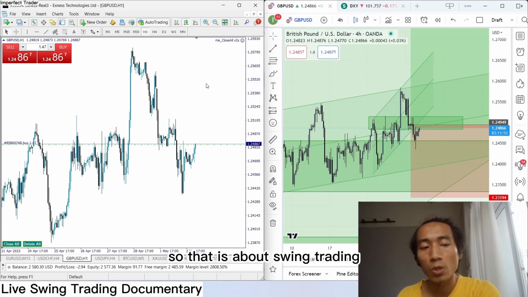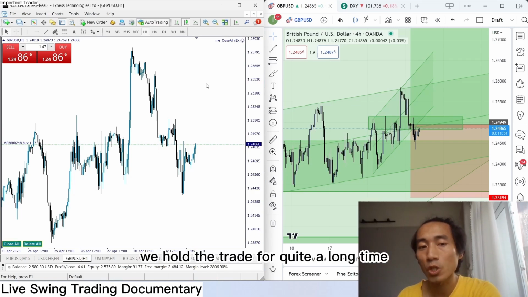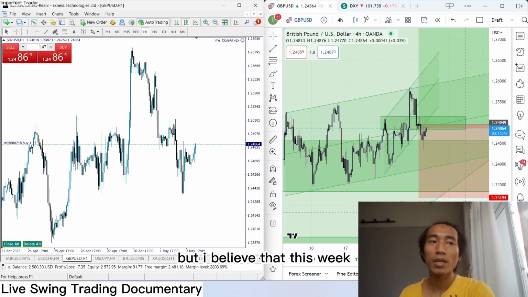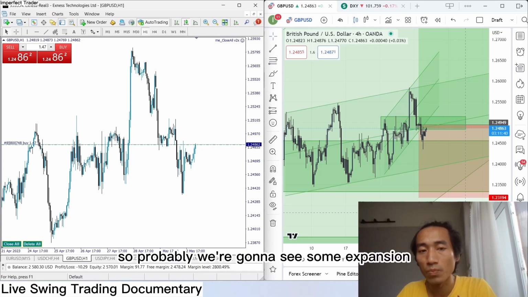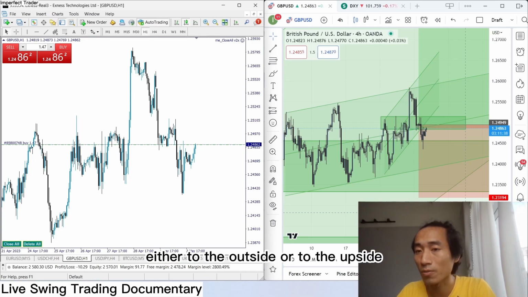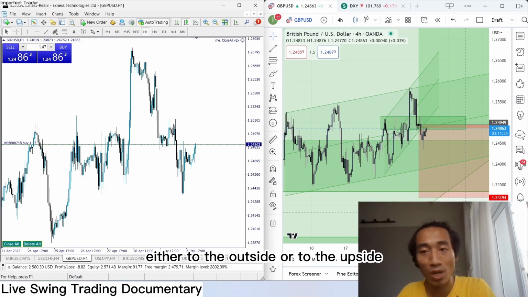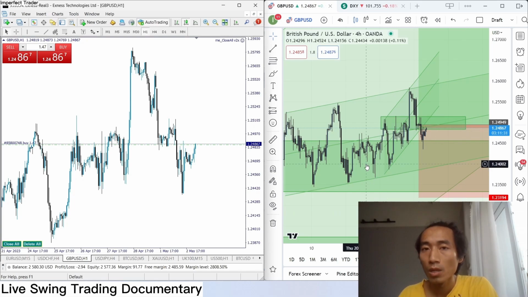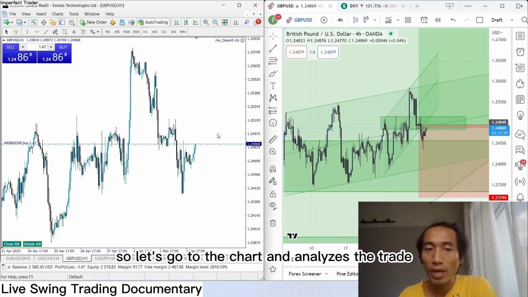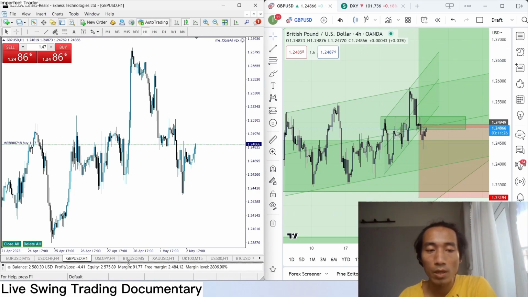So that is about swing trading. We hold the trade for quite a long time, but I believe that this week, because we have a lot of red news, we're probably going to see some expansion either to the downside or to the upside. We're going to see it happen very quickly. So let's go to the chart and analyze the trade.